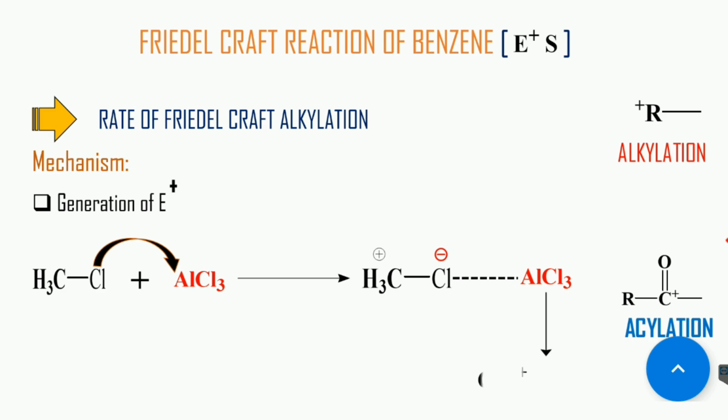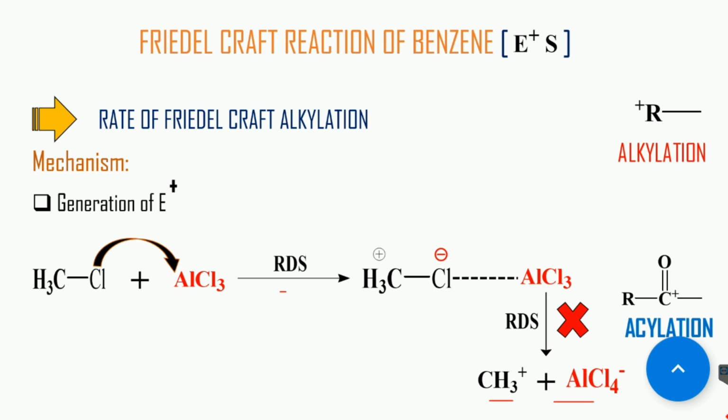We get CH3 plus as our electrophile and AlCl4 minus as an intermediate complex. But this last step is not our rate determining step. Our rate determining step is this one, meaning how fast it will donate its electron, not the separation of the two compounds.